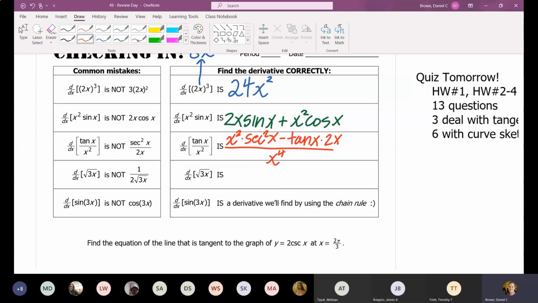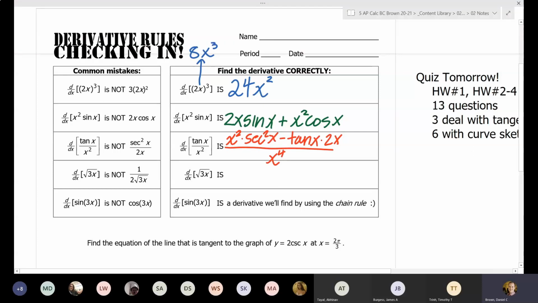Sometimes you can simplify a quotient rule by factoring and canceling. The only thing you can really do in this one is factor out an x and cancel it. It doesn't simplify to anything too nice, but you can factor out an x from that. You wouldn't care if we factored it out, right? Say it one more time. You wouldn't care if we factor it out, we could just leave it.